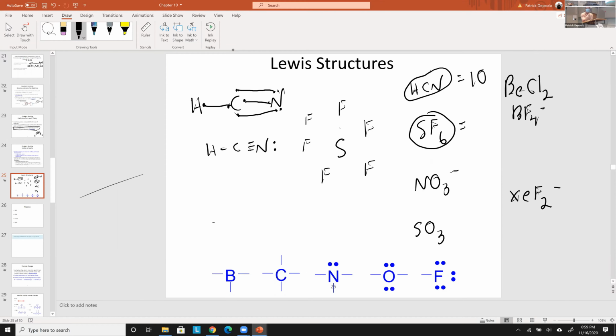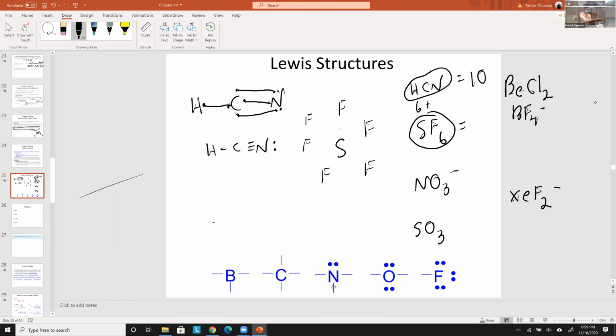How many does oxygen have? So sulfur is right underneath oxygen. You guys should be snappy at this by now. 6, good. So 6 electrons for sulfur.